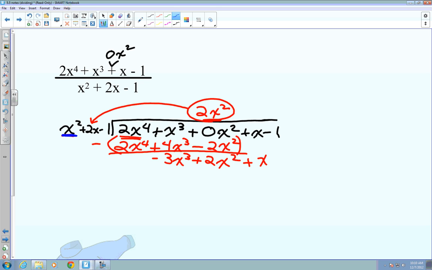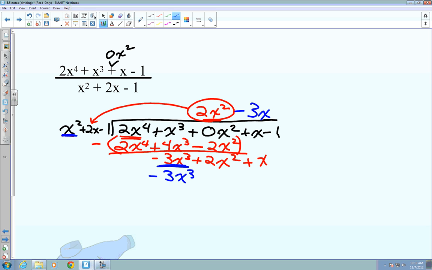Okay, so then I look at the next one. So I've got x squared. I want to know how many times that goes into negative 3x to the 3rd. So it should be minus 3x. So I take minus 3x times x squared, and I get minus 3x to the 3rd.